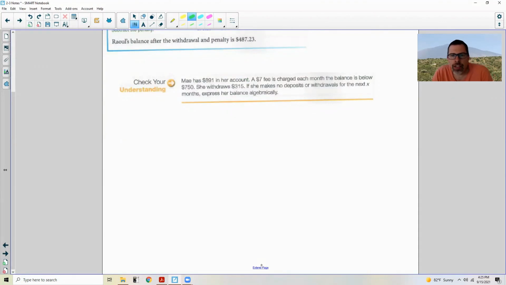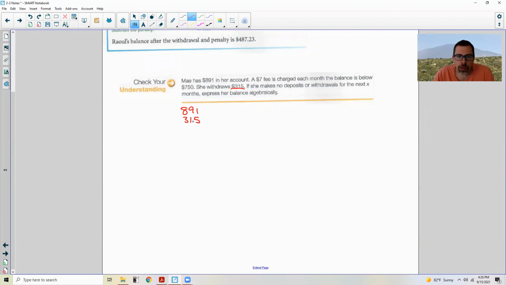May has $891 in her account. A $7 fee is charged each month if the balance is below $750. She withdraws $315. If she makes no deposits or withdrawals for the next X months, express her balance algebraically. Okay, so what I'm going to do here is take her balance of $891, and she's going to withdraw $315.